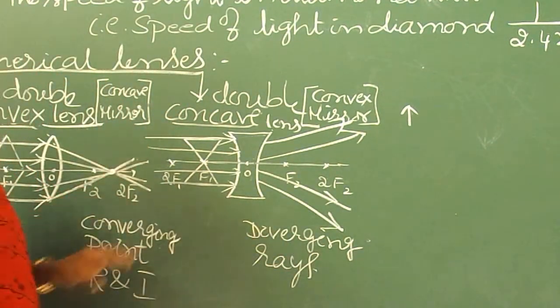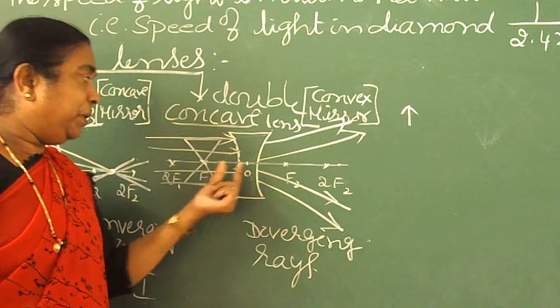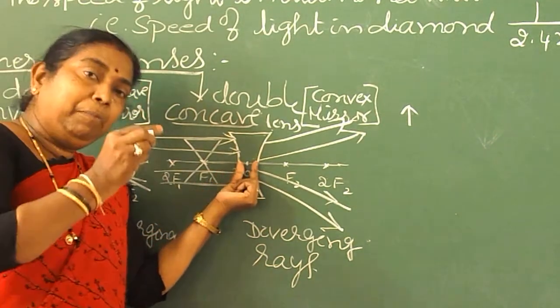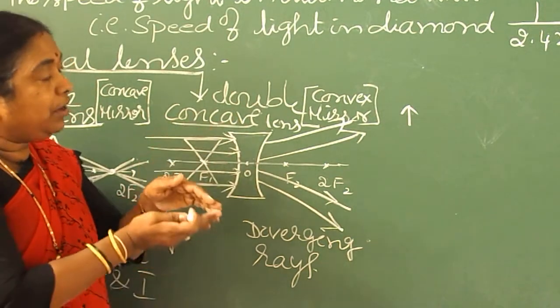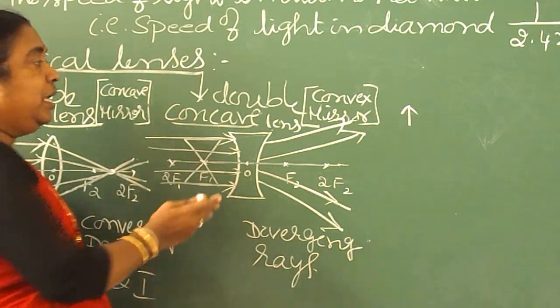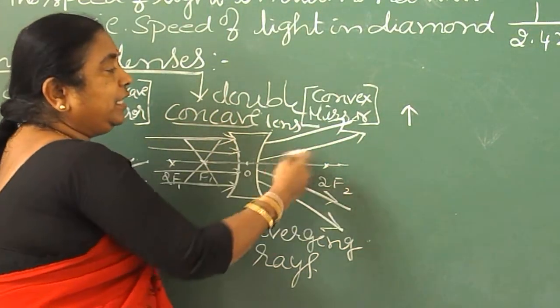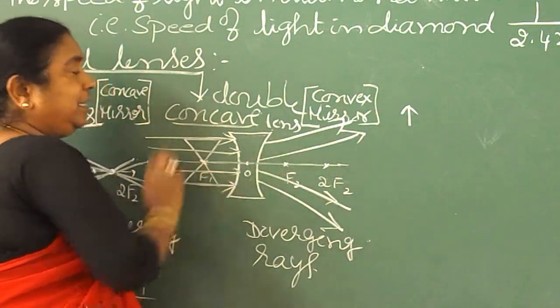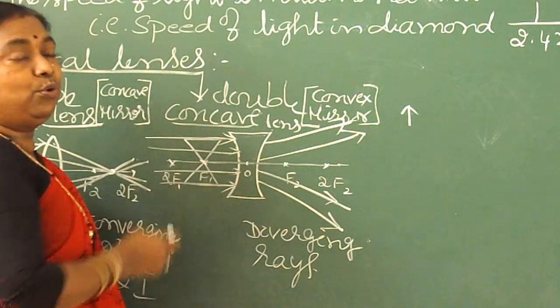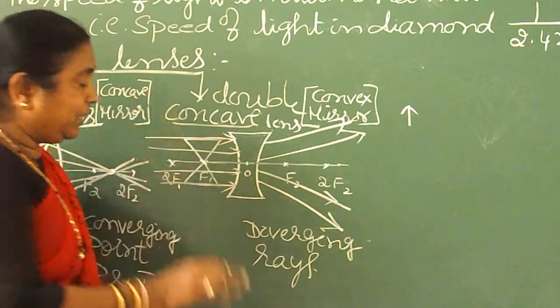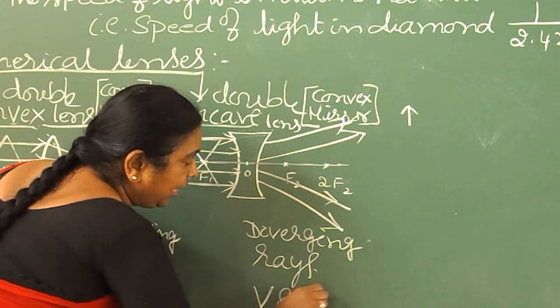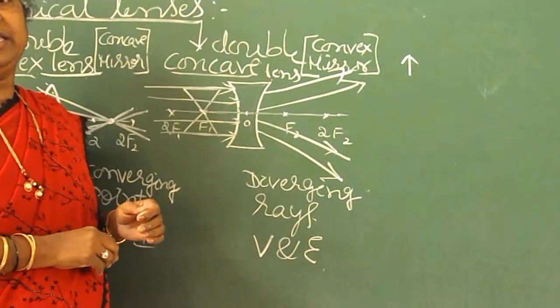When the light rays pass through the transparent medium, because it is thinner at the middle part, the rays after refraction cannot meet at one point. Hence, they disperse in other directions. At certain distances, if you produce those rays backward on the other side of the lens, they can meet, but they always form a virtual and erect image.